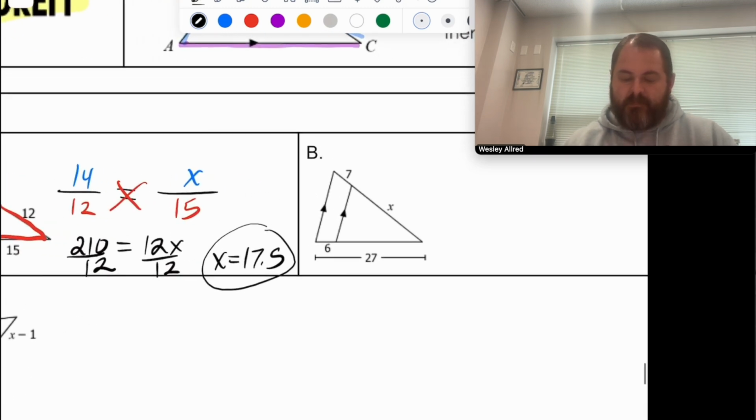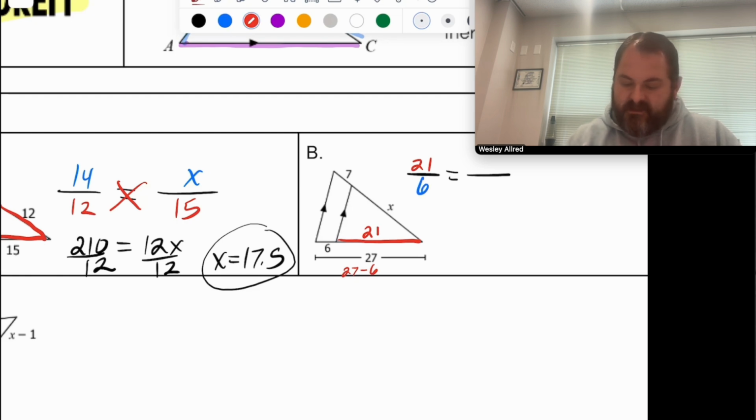Now, on part B, before I move too far along, to find this segment, remember, we've got to do some subtraction because the whole thing is 27. So if I do 27 minus 6, I get 21. So I can actually set up this proportion: 21 over 6 is equal to x over 7.